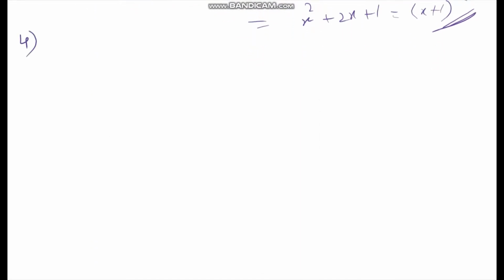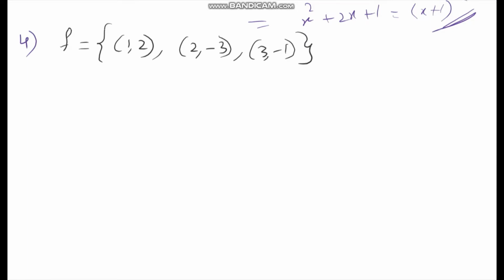Fourth bit, f equals {(1, 2), (2, minus 3), (3, minus 1)}. First one we need to find 2f.